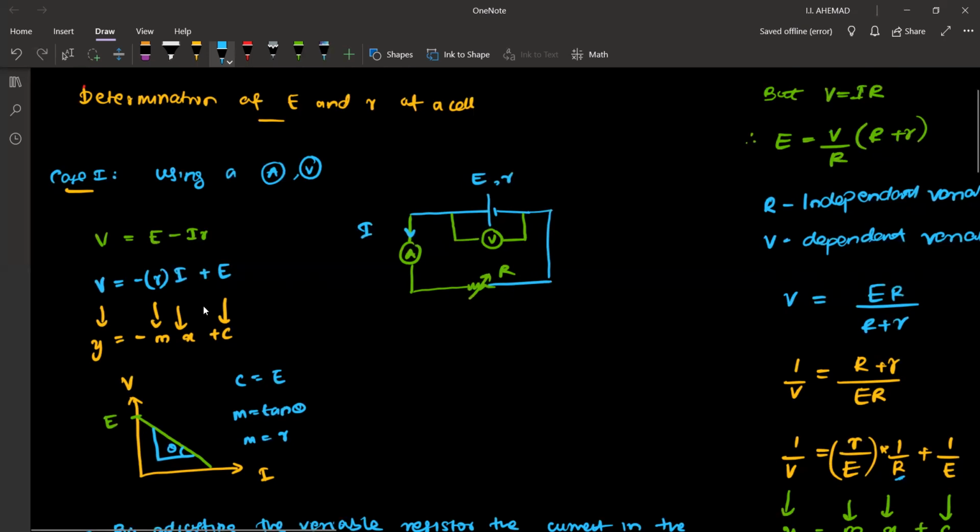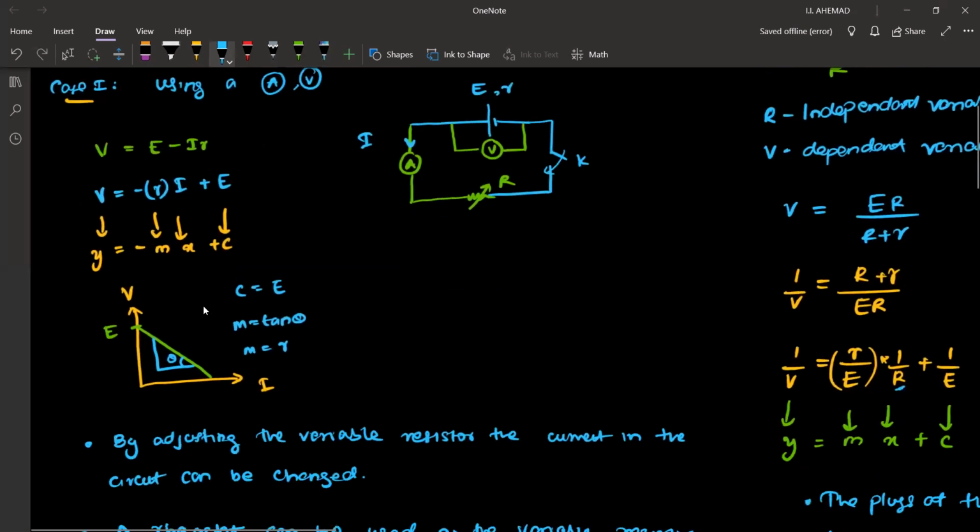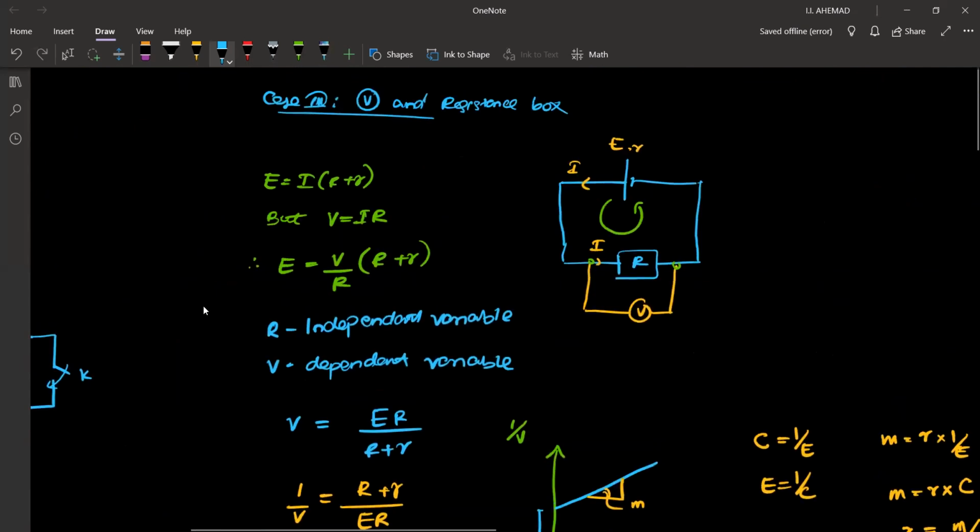Can you make one change in all the diagrams? Shall we add a switch? Sorry, I forgot to add a switch in all these.